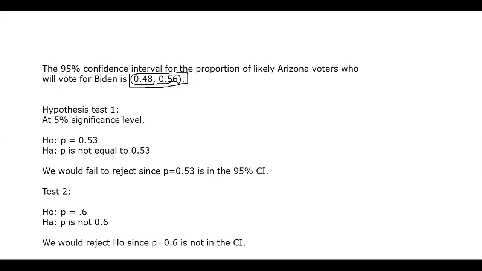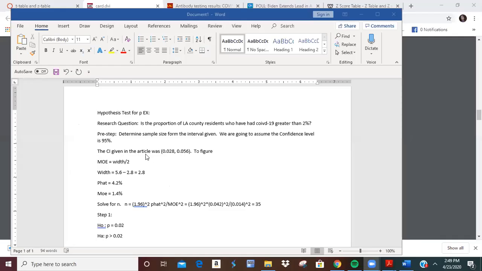The confidence interval given in the article was 0.028 to 0.056. To figure out the p-hat value, find the center.